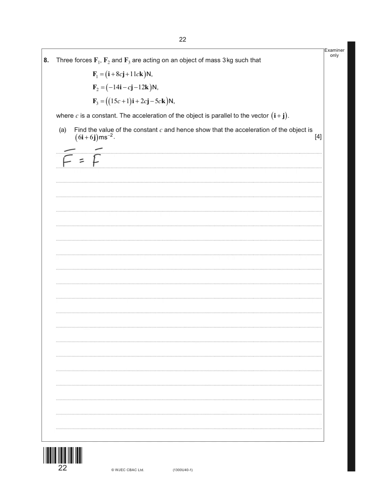That's going to be the sum of F1, F2 and F3. I'm going to do it in column vector. So I'm going to have 1i minus 14i plus 15c plus 1i.